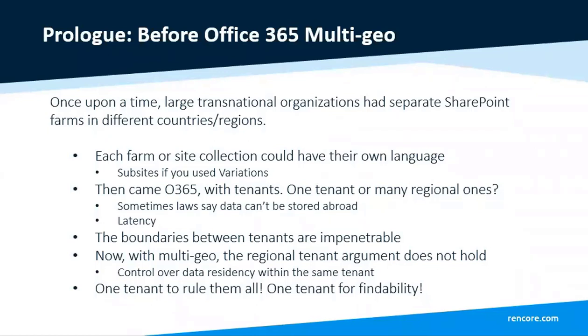So data residency, the country of data residency, can be controlled all within the same tenant. So really the best answer is to have a single global tenant, one tenant to rule them all, one tenant to allow you to find things.